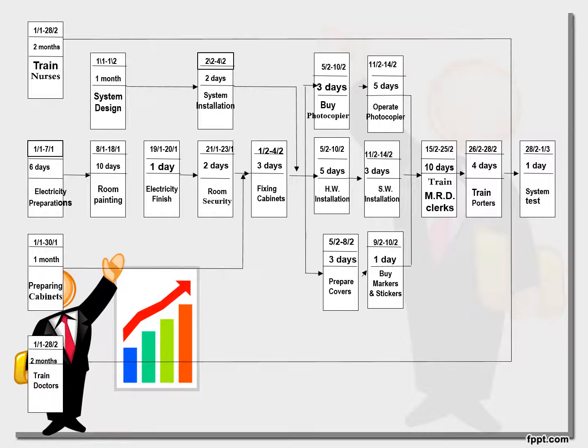Some tasks couldn't be started except after other tasks are accomplished, like electricity preparation is followed by room painting, then electricity finish, followed by room security and fixing cabinets, while other tasks could be started from the beginning of the project, like training nurses and doctors who will begin their jobs after the system is established and just before system test.